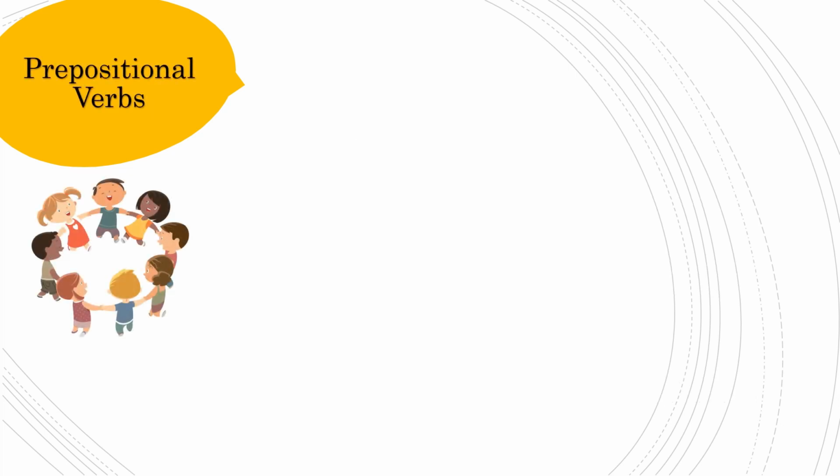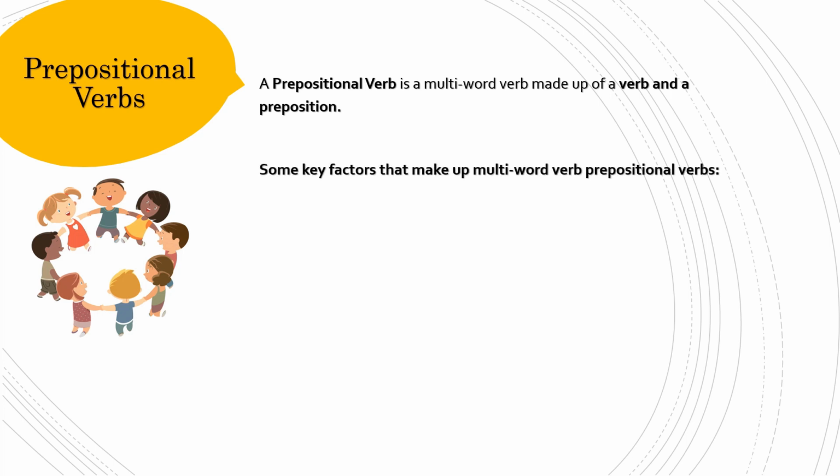Prepositional verbs. A prepositional verb is a multi-word verb made up of a verb and a preposition. Some key factors that make up prepositional verbs: they must have a direct object.